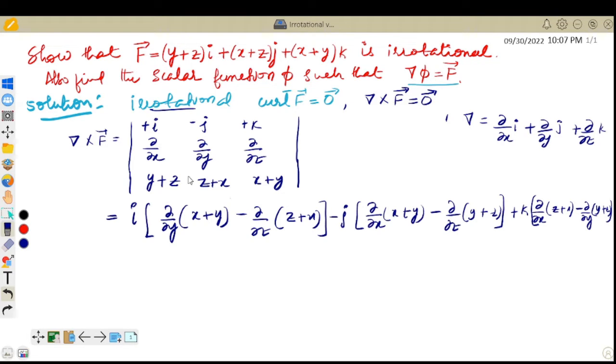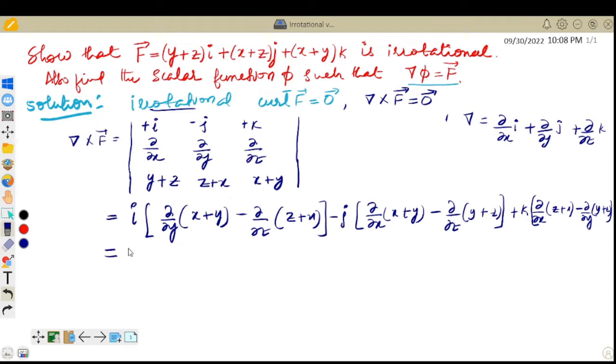Leave the first row, first column: dou by dou y of x plus y, minus dou by dou z of z plus x. Minus j into, leave the first row, second column: dou by dou x of x plus y minus dou by dou z of y plus z. Plus k times of, leave the first row, third column: dou by dou x of z plus x minus dou by dou y of y plus z.